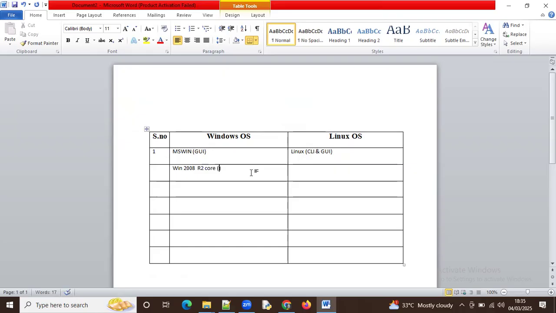CLI means command line interface. Here it is developed with a TUI. What is TUI? I will tell. Text user interface. So the user will interface with the OS by using text.